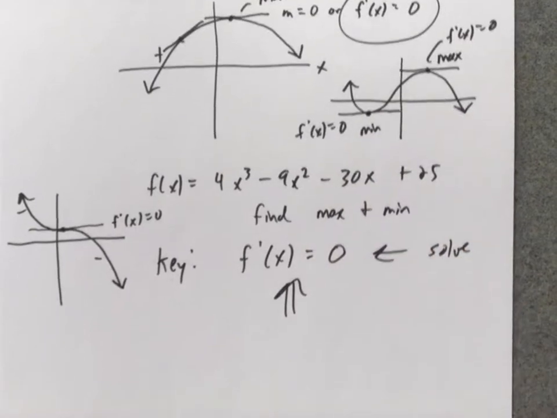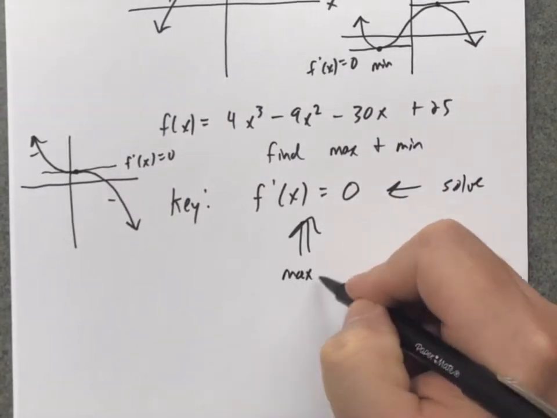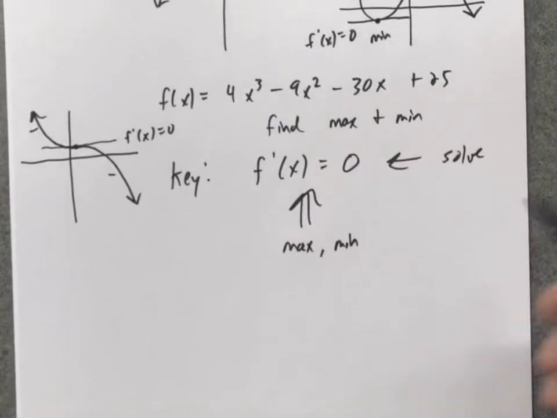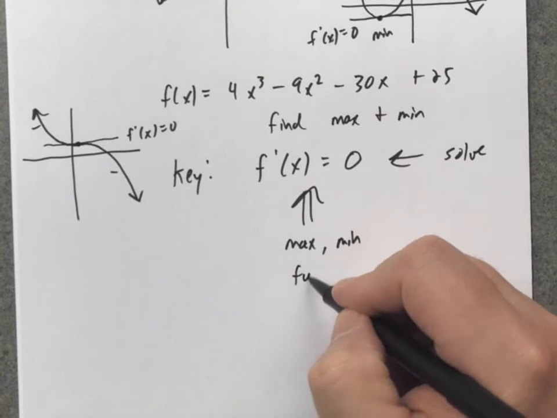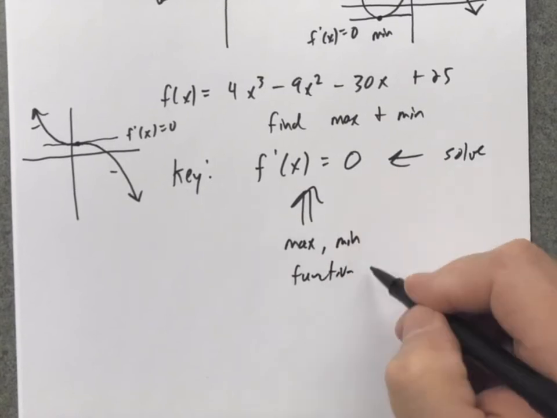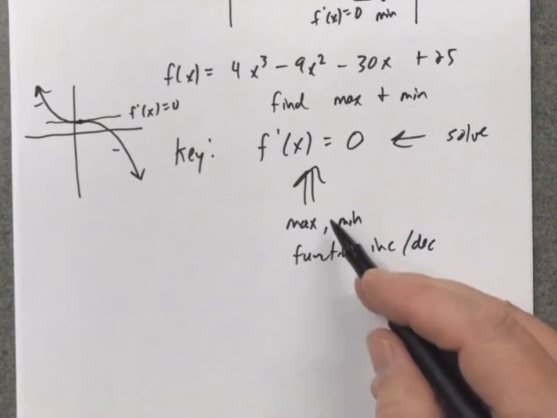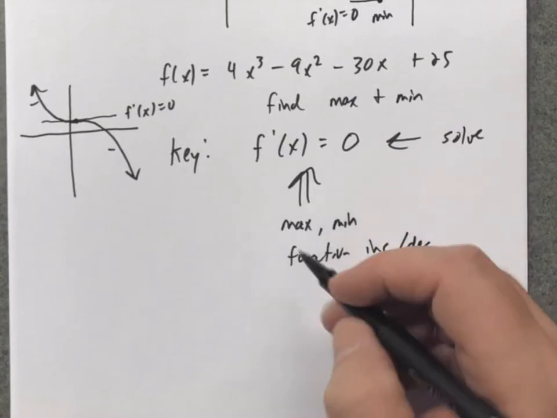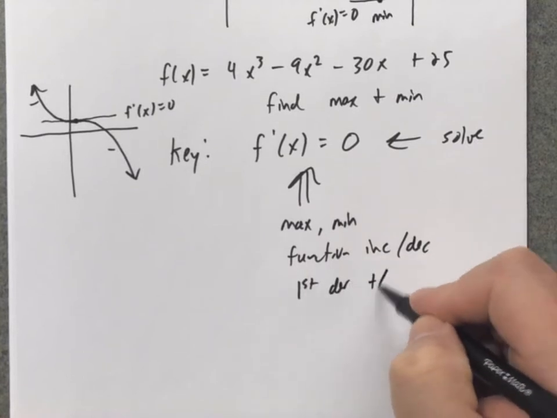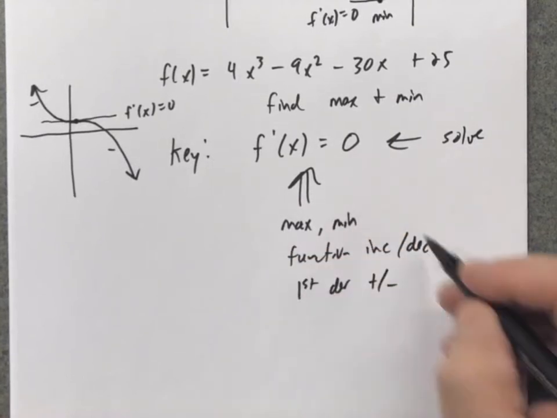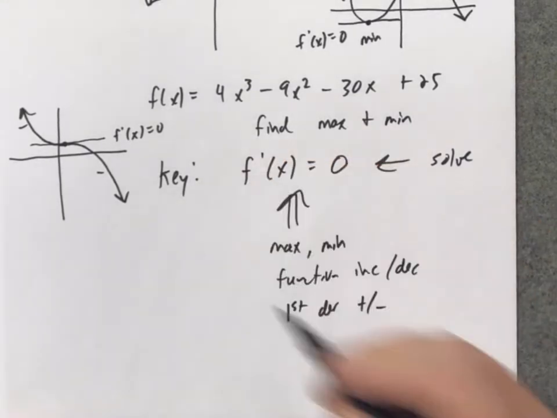But for now, the whole key: if we're asked about the maxes and mins, if we're asked about where the function is increasing or decreasing, where the first derivative is positive and negative, the answer to all these questions is based upon this right here.